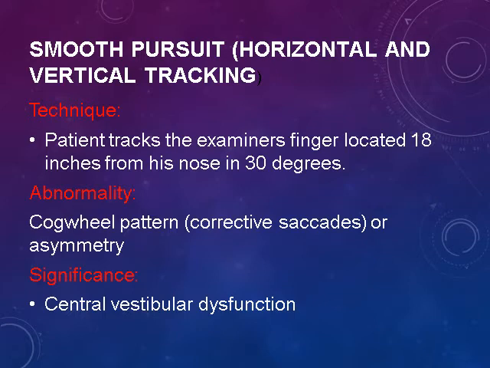The abnormal is what we call cogwheel pattern, or we find corrective saccades or asymmetry in the movement. Cogwheel يعني بنلاقي ان الموفمنت فيها correction، بنلاقي الموفمنت متقطعة زي السنان بتاعة الكوجويل، فبنلاقي ان الموفمنت فيها تقطيعة كده. And this signifies ايه؟ ده probably بيكون central vestibular deficit.